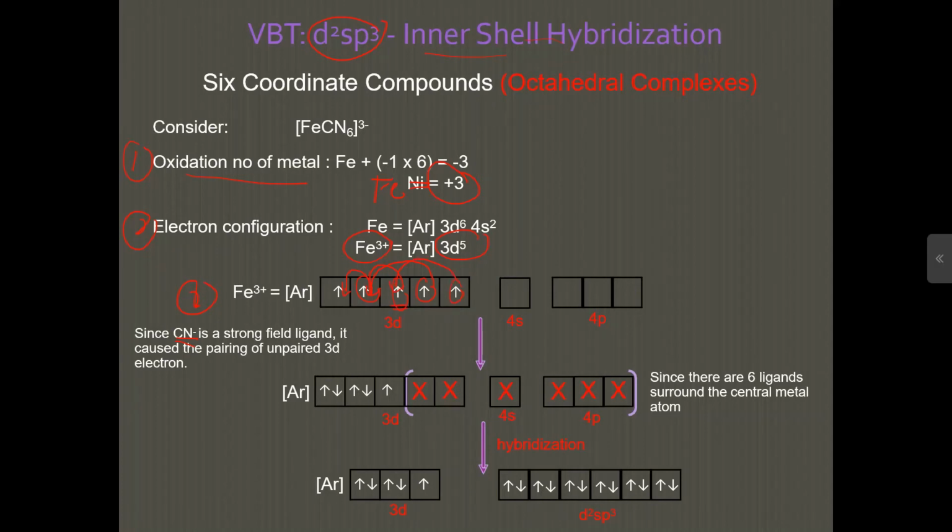So now you have 2 empty 3d orbitals, 4s and 4p. Since there are 6 ligands surrounding, you hybridize these 6 empty orbitals, so you get d2sp3, known as inner shell hybridization. Why? Because you start hybridizing from the inner 3d orbital.